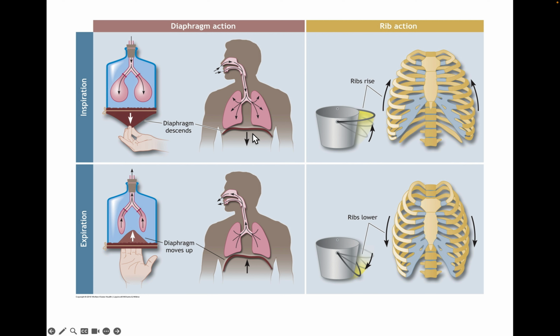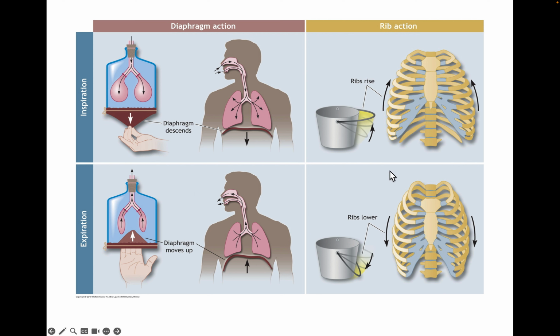So that's inspiration. During expiration, the diaphragm relaxes. When the diaphragm relaxes, this allows the lungs to go back to their original shape, meaning they're getting smaller. Therefore, now the pressure is higher inside the lungs compared to outside. Air wants to go from higher pressure to lower pressure, forcing air out of the lungs.